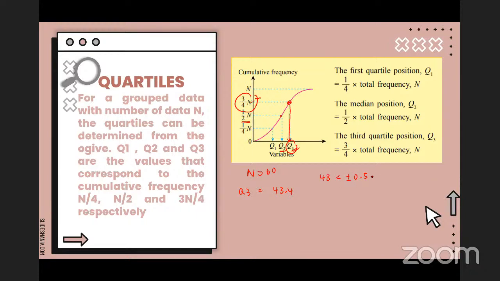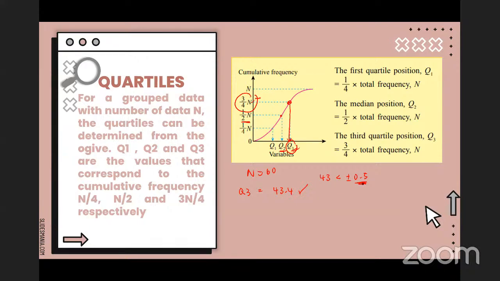So if you find 43.4, it can still be accepted, right? But the range is really small, so you should always remember that your ogive should be really smooth so that you can find the correct answer.